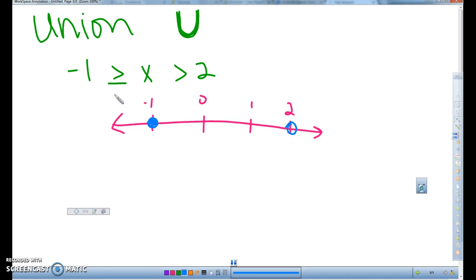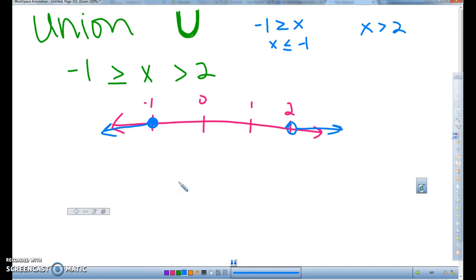And if we broke this down, we would say -1 is greater than or equal to x, or x is less than or equal to -1, and the other part would be x greater than 2. So x less than or equal to -1, my arrow goes this way, and x greater than 2, my arrow goes this way. Notice that the lines do not overlap at all.